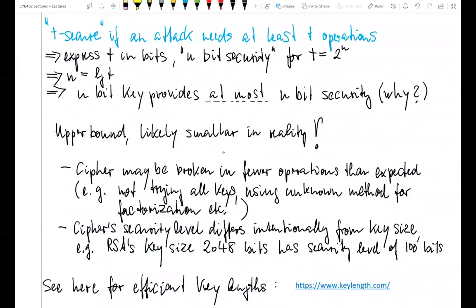So keep that in mind. The cipher may be broken in fewer operations than expected, and this has to do mostly with not trying all keys. There may be a method, known or unknown. I shouldn't actually say unknown because that would be dangerous. There's a method, known or unknown, for factorization, for instance, which is a hard mathematical problem that ciphers rely on.